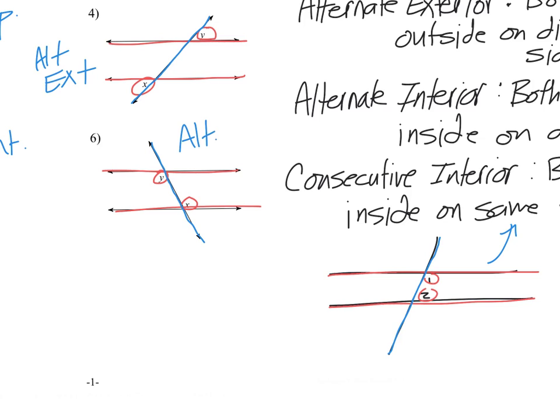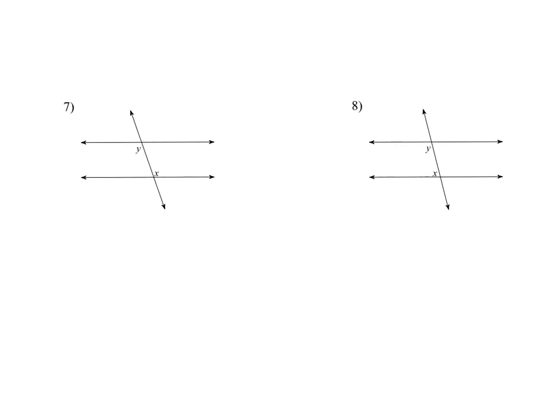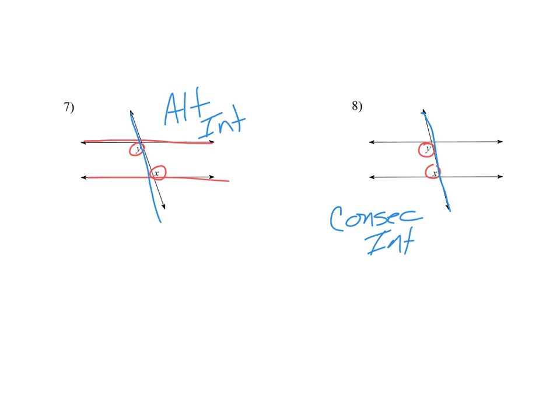Alternate interior. Okay? They're both inside but on different sides. Okay, what about number 7? They're both inside the two parallel. They're on different sides, so those would be alternate interior. Number 8, they're both inside again, but this time they are on the same side of the transversal. So there are our consecutive interior, like I drew with the definition. So a lot of new terminology here.